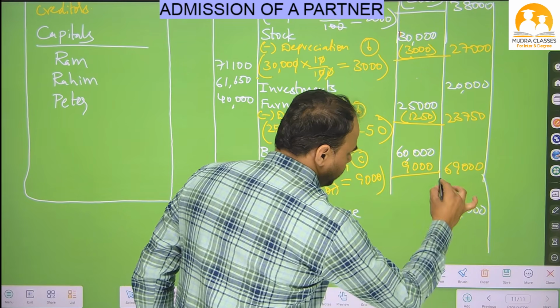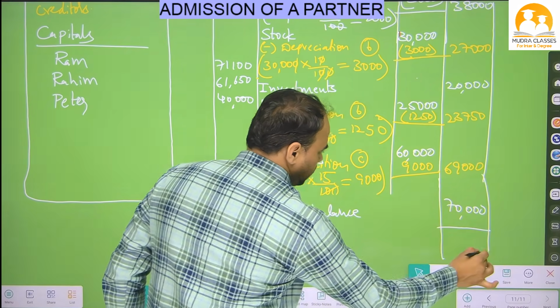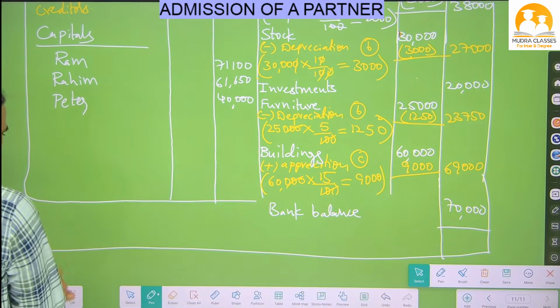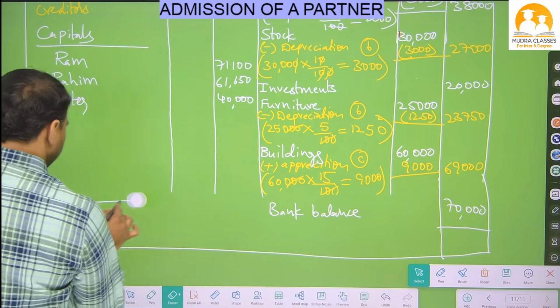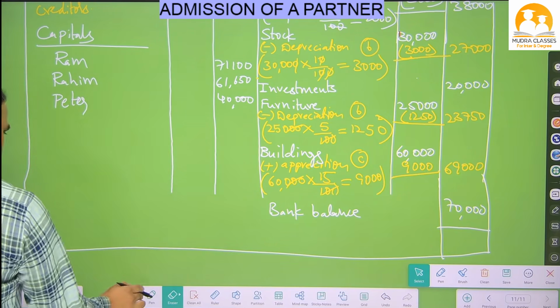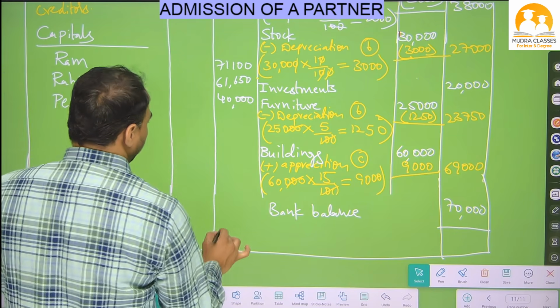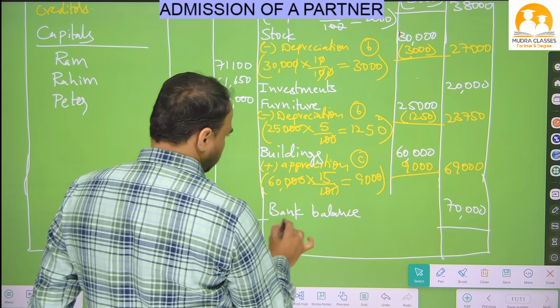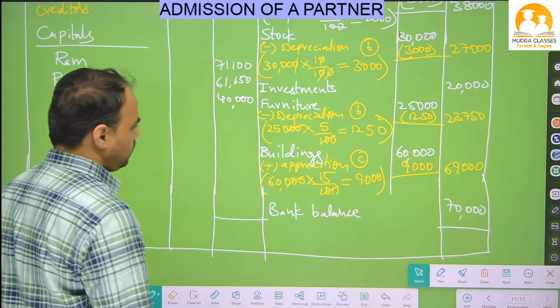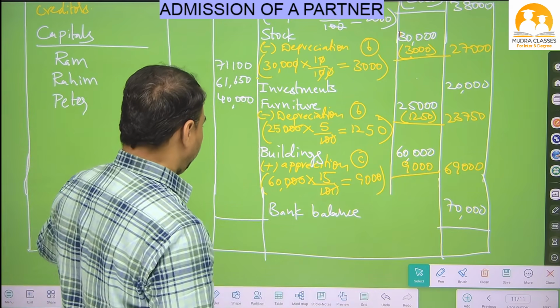Okay, now with this all adjustments are completed. Let's do the total. In both sides we have to get the same answer, then only it is correct. Otherwise there may be a mistake you have done.